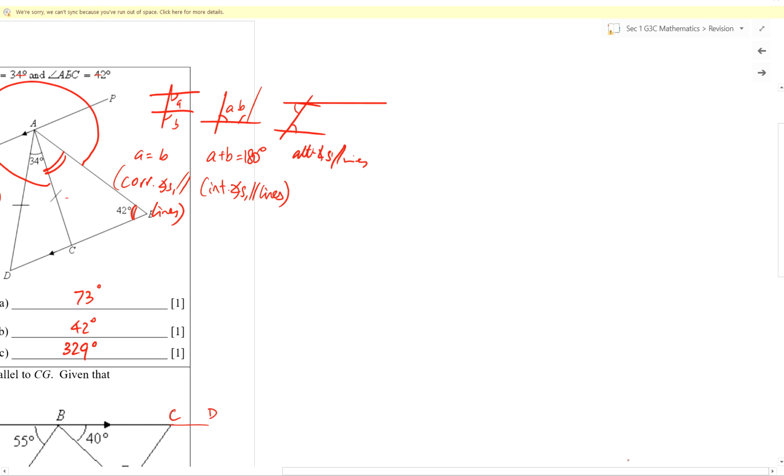And the final one will be, we talked about obtuse, we talked about reflex, and the last one, acute. So you need to know the range for all of them. Less than 90, more than 90, less than 180, more than 180.